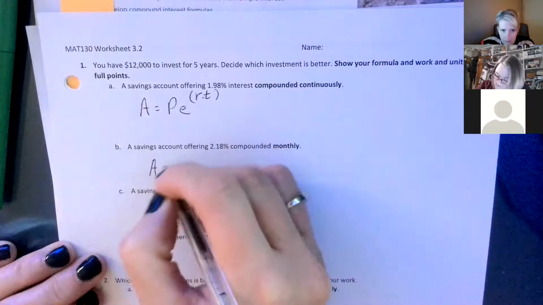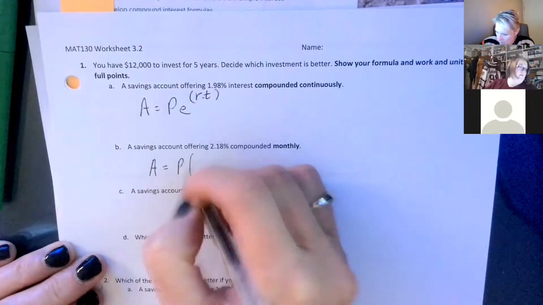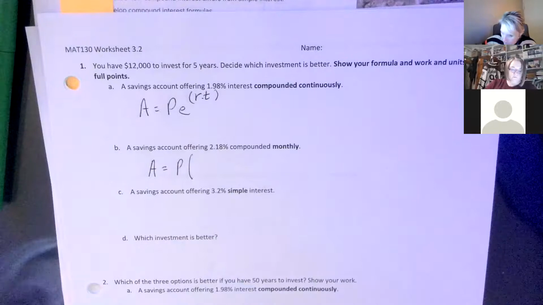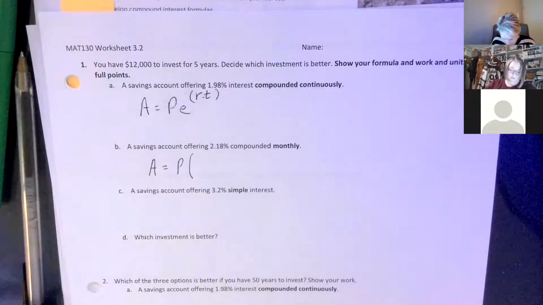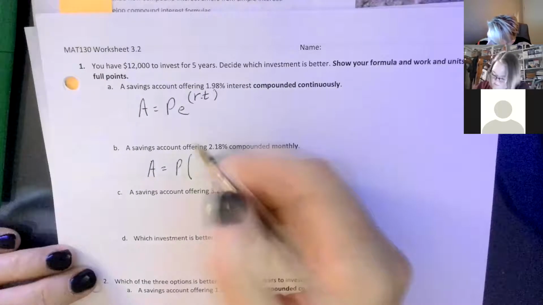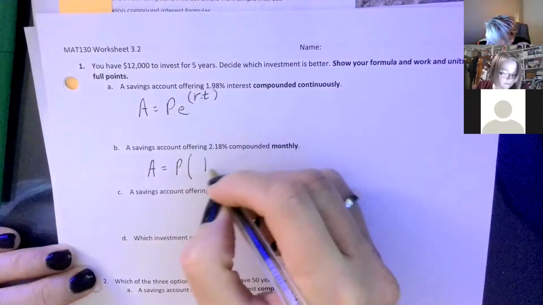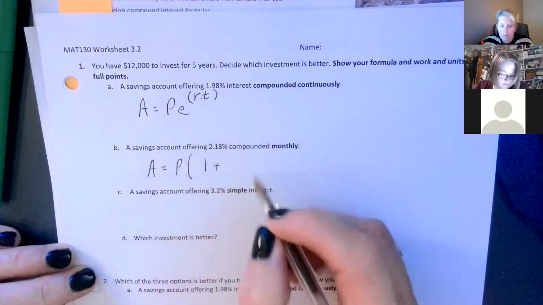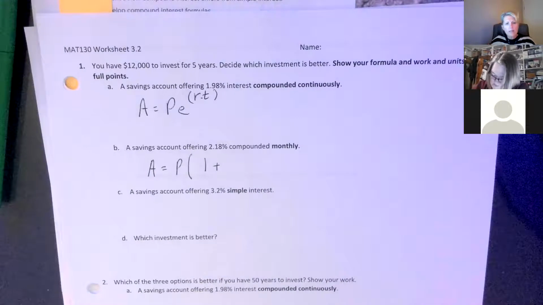Let me go back. So that's going to be A equals P parentheses 1 plus RT. So 1 plus R, but wait, is that the one? And then T is the exponent.